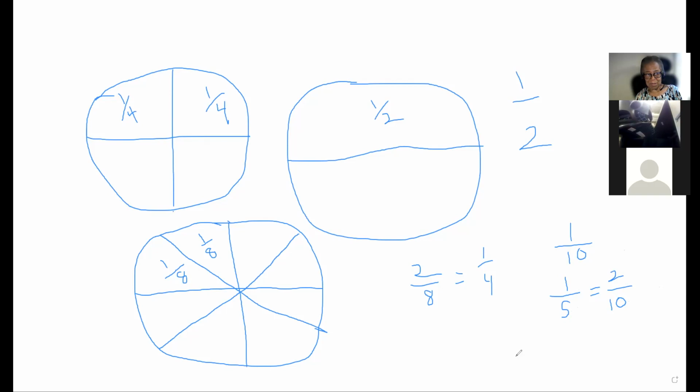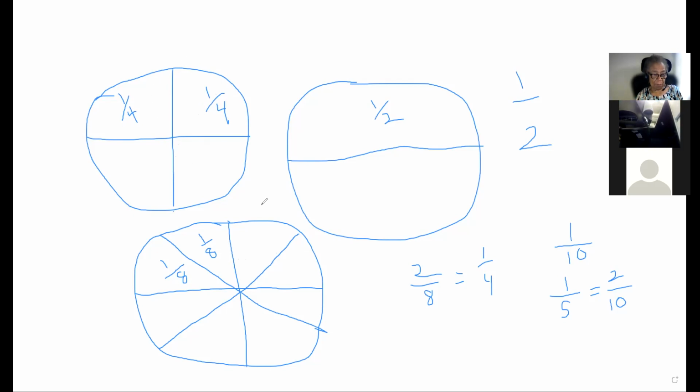Is that clear with the pie, Maureen, the fractions? If you put it in 8 pieces, then each piece equals 1/8. If you have 4 people, you could give each person a fourth.